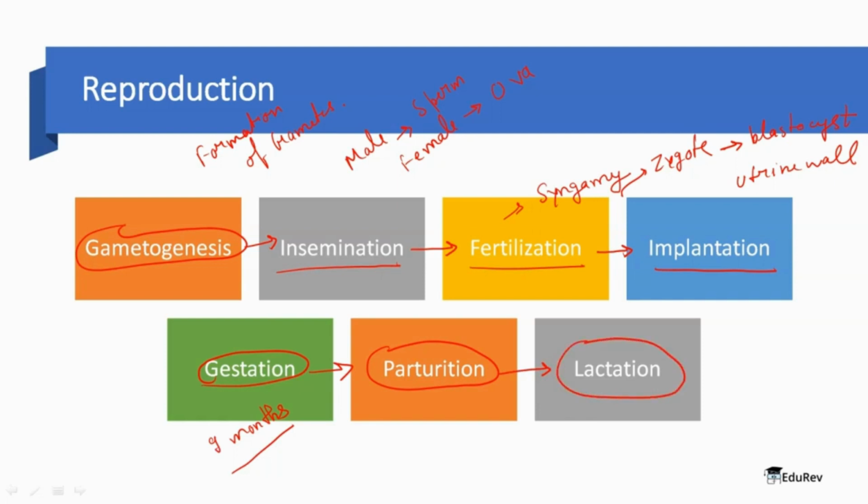These are all the steps in reproduction, and they should be remembered in order because sometimes it is asked in the exam. First is gametogenesis, then insemination, then fertilization, then implantation, gestation, after that parturition, and the last step is lactation.